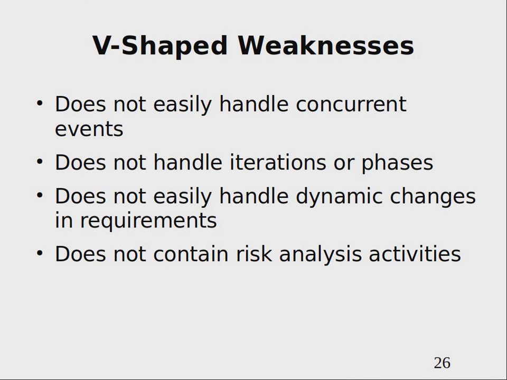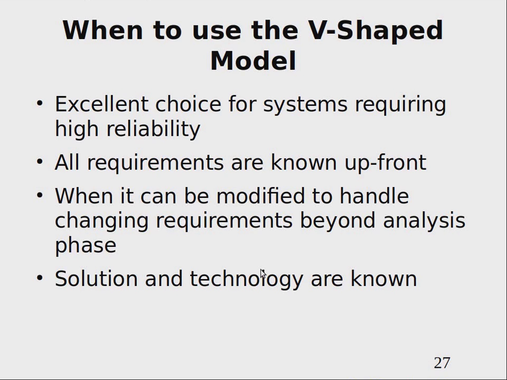And what is not so good, in general, the V model has the same weaknesses as the waterfall model. You need to look into the long future, you need to make decisions very early, and again, it is not so easy to handle different kinds of changes. And also the model does not show any risk analysis activities inside it, which other methodologies allow and encourage you to do.